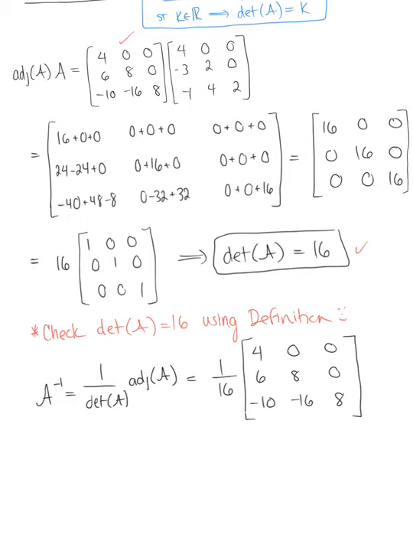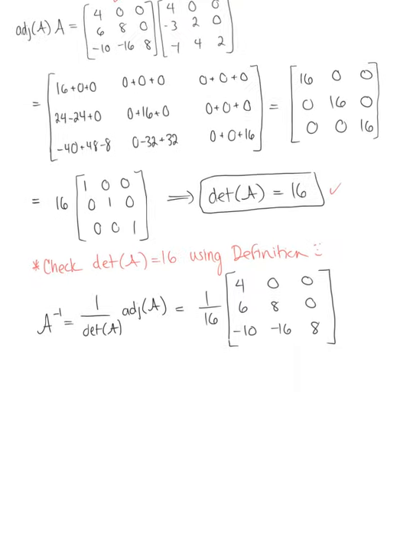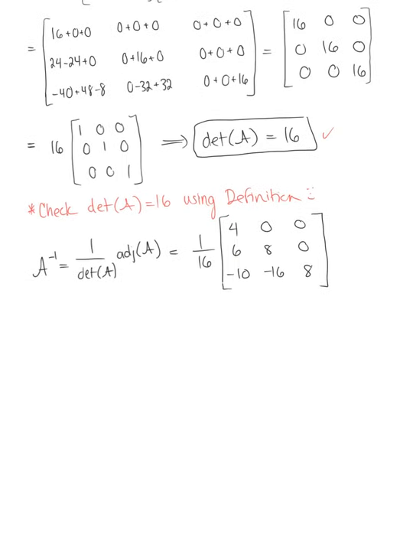And of course, we want to simplify this. If we distribute our 1/16 through, this is going to leave us with a beautiful final answer of 1/4, 0, 0. We then have 3/8, 1/2, 0. And in our last row, we have negative 5/8, negative 1, 1/2.